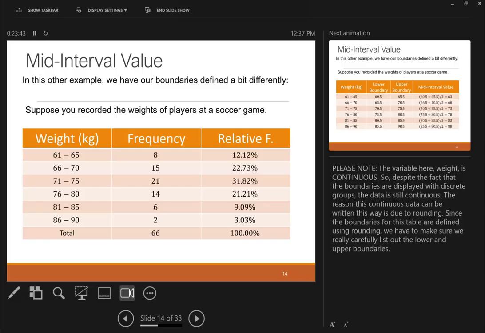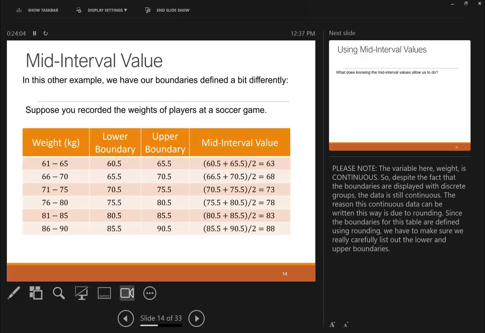What is the actual endpoint for the range 61 to 65? What are the actual endpoints? It's 60.5 to 65.5, because remember, weight is continuous. So you've got to be careful about that.